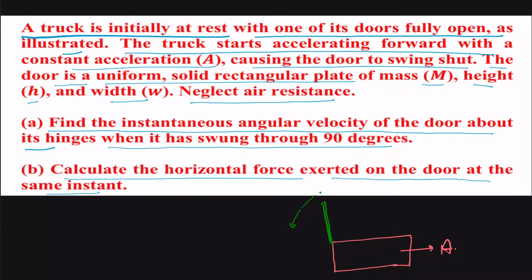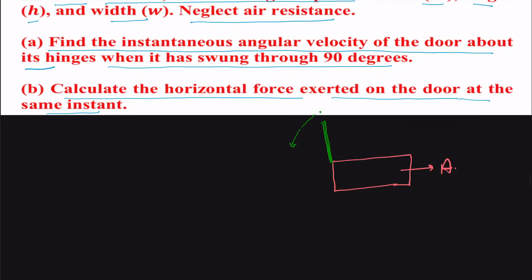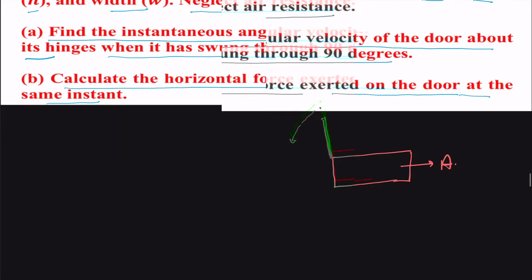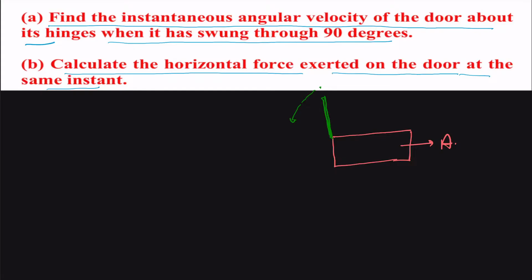Width W. So here also, as it is moving in the forward direction, there will be a pseudo force acting on the door. And let's assume that at any given moment, this door is at an angle of theta from its original position. And this MA will be the pseudo force acting in this direction.